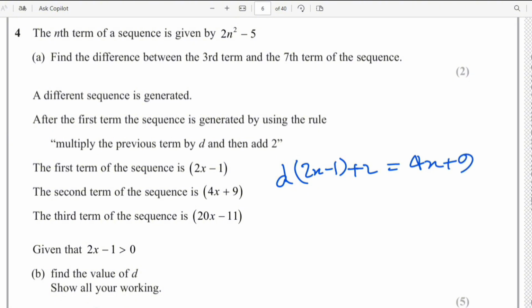Again, if we multiply d with the second term and then add 2, we should be getting the third term.